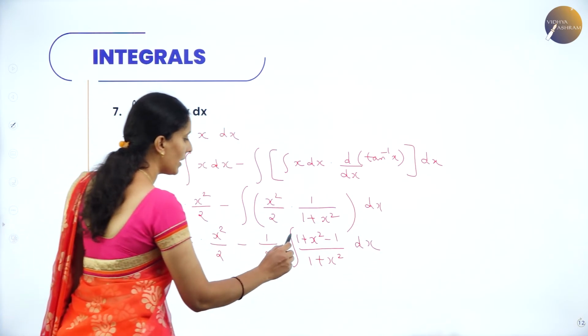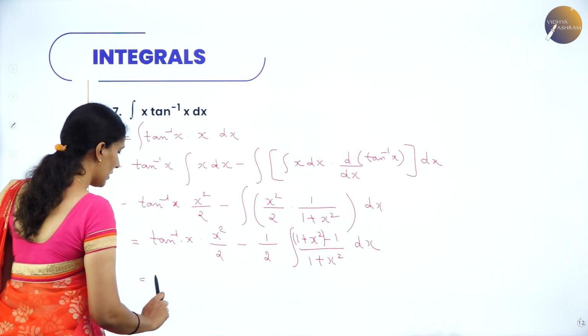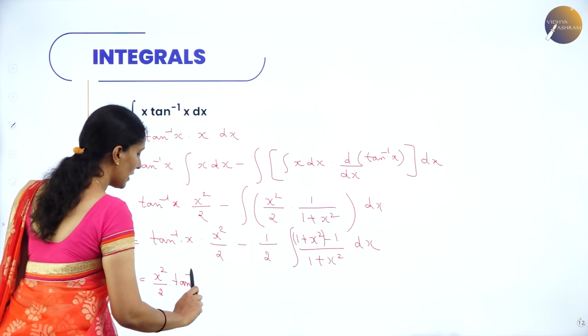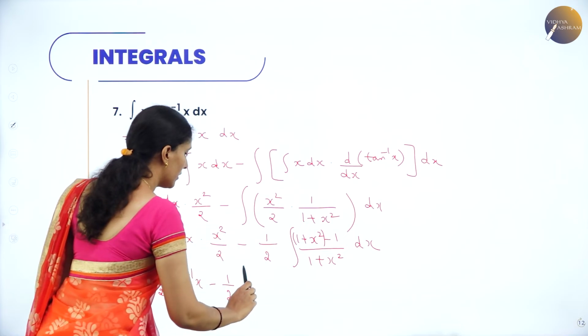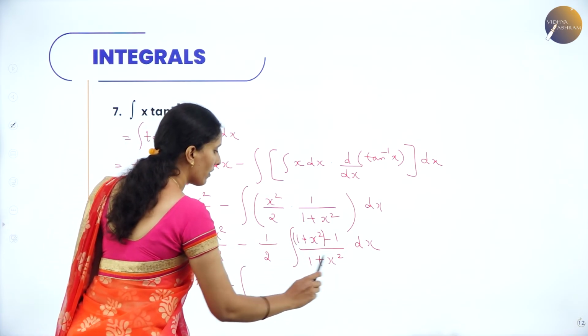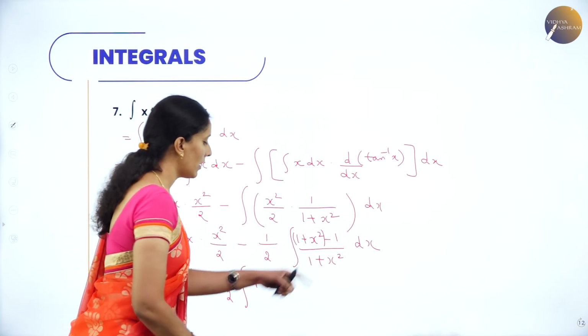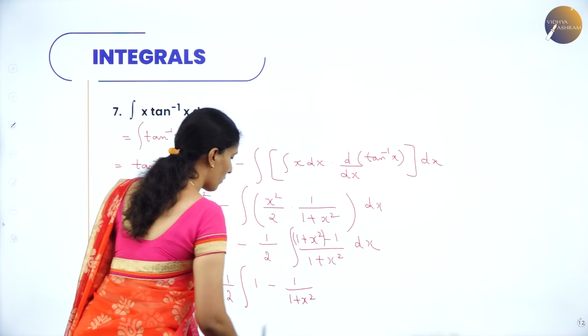So now I'll separate these two functions. So here we have x square by 2 into tan inverse x minus 1 by 2. So divide this. This becomes 1 plus x square cancel. So this is 1 minus, and here we have 1 divided by 1 plus x square.